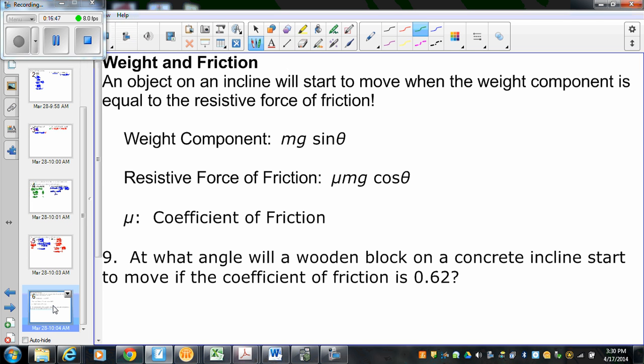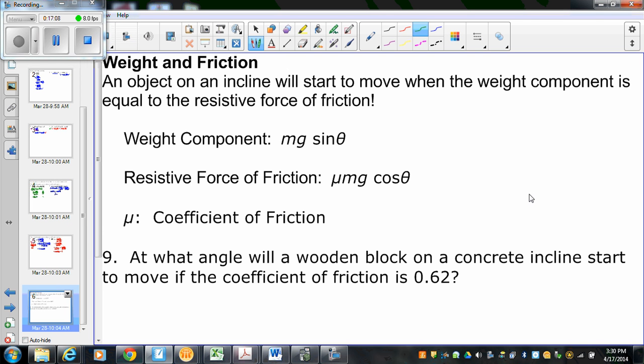And the formula for the weight component is mg times sine theta, which is mass times the acceleration due to gravity times sine theta. And the resistive force of friction is mu, that's a mu, not a u, times mg cosine theta. Mu is the coefficient of friction.